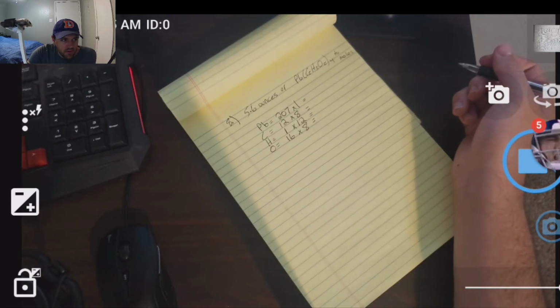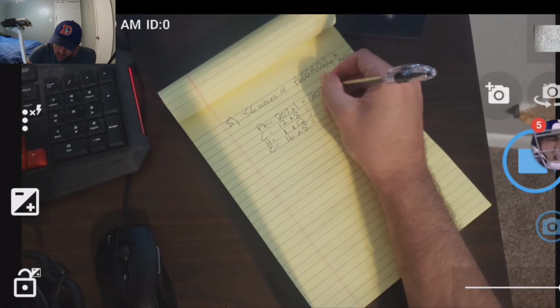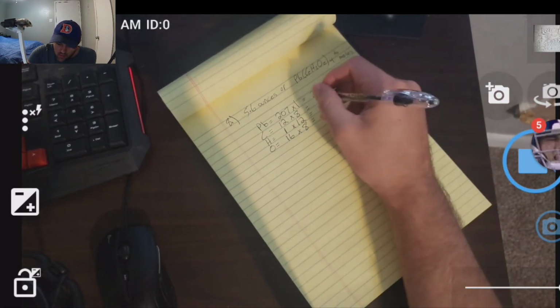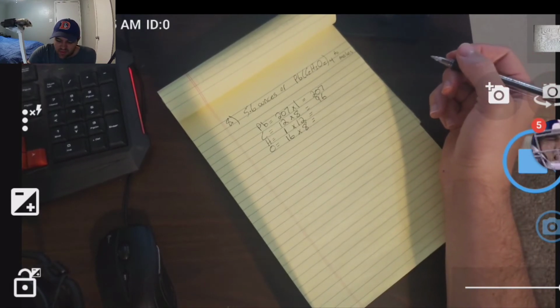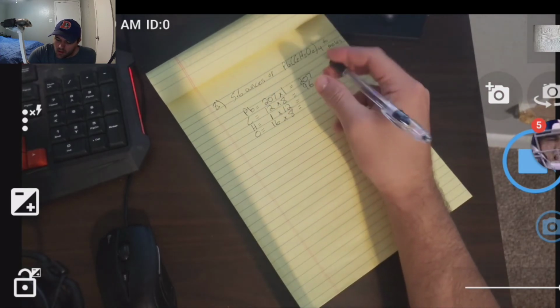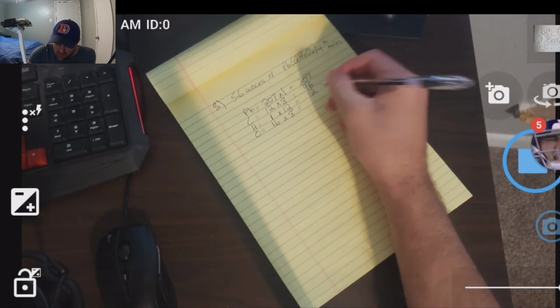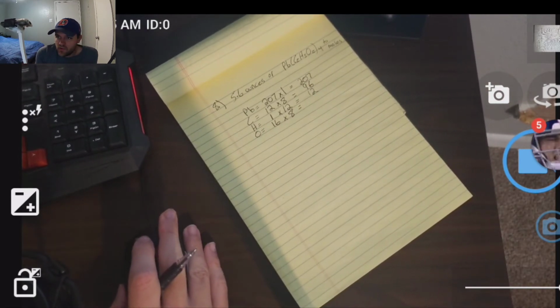So then we'll go through and do these multiplication steps. 207 times 1 is 207. 12 times 8, going back to your multiplication tables from like middle school, is 96. 1 times 12 is just 12. And then 16 times 8, I don't know off the top of my head.